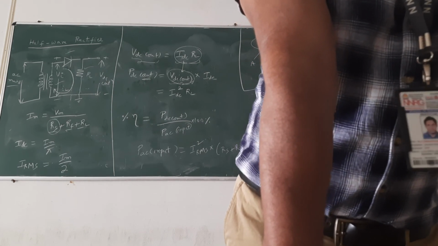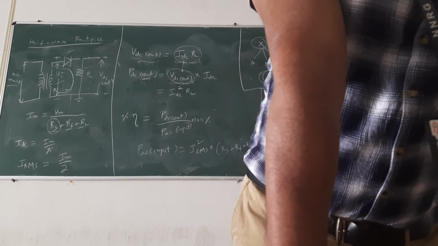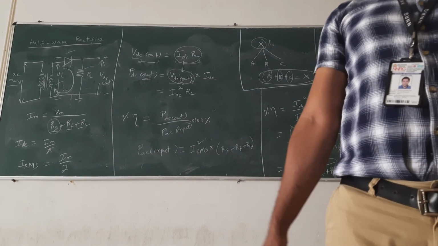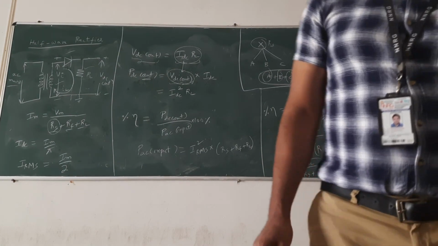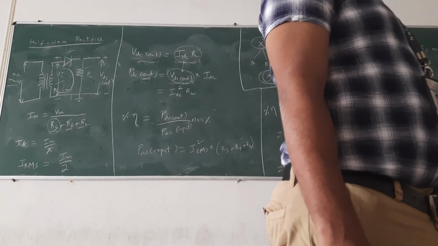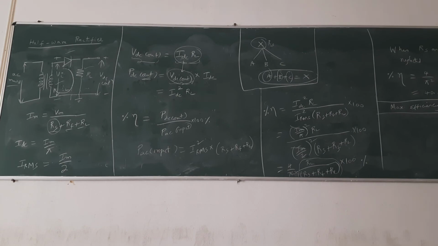RS plus RF. Second sentence, the diode resistance and the secondary coil resistance together have a resistance of 800 ohm. Means RS plus RF is equal to 800 ohm.